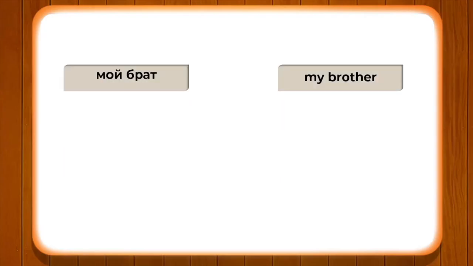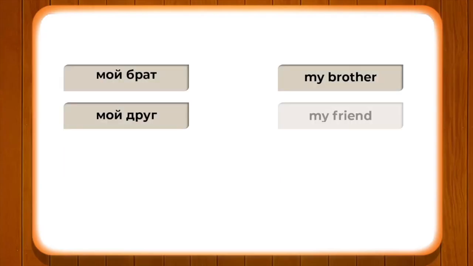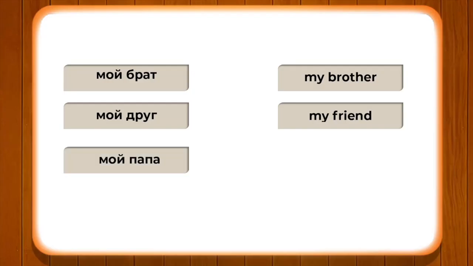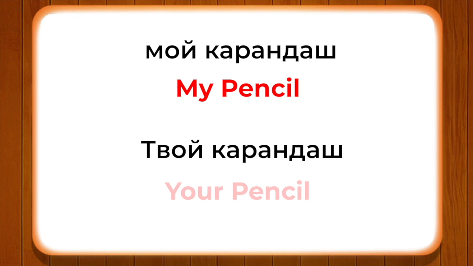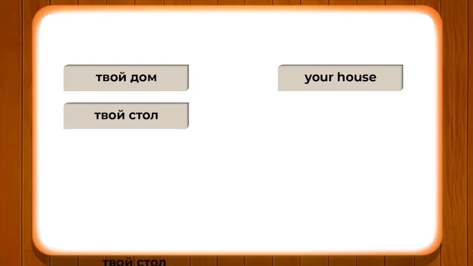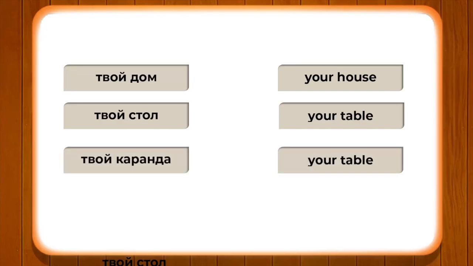Moi brat, my brother, moi drug, my friend, moi papa, my dad, moi karandash, my pencil, or you can also use tvoi karandash or your pencil. So moi means my, tvoi means yours. So tvoi dom, your house. Tvoi stol, it means your table. Tvoi karandash means your pencil.